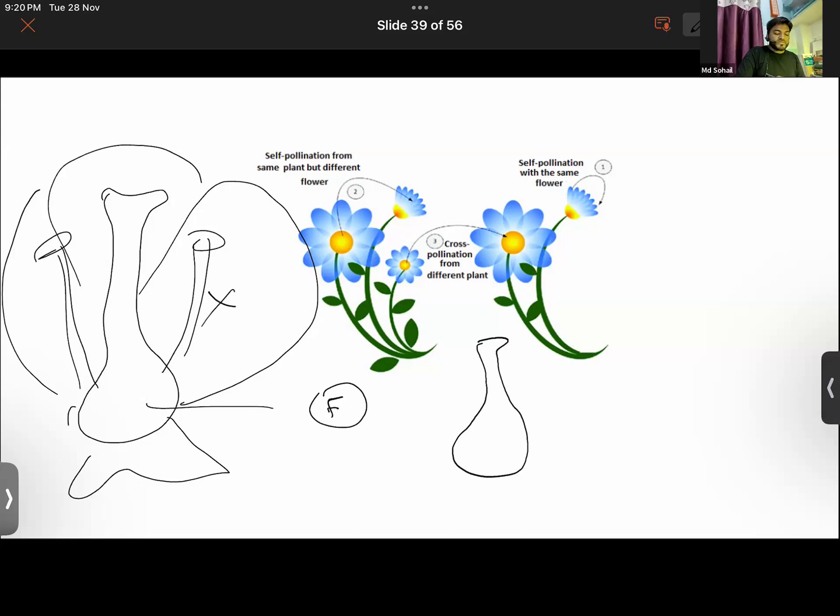The anther, the style, the filament, the sepals, the petals, all of them will fall off. Only this is left. Later on, this part will also fall off. So you are left with this part only. This is what you are left with. This is called the bud.